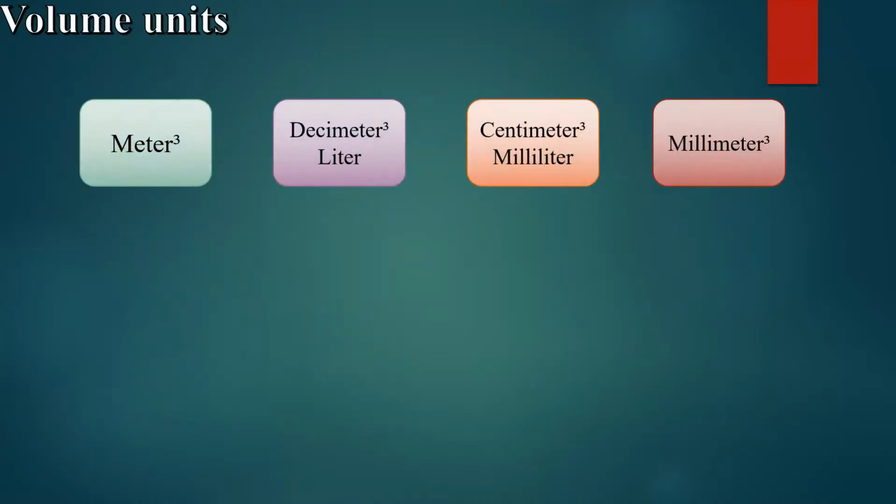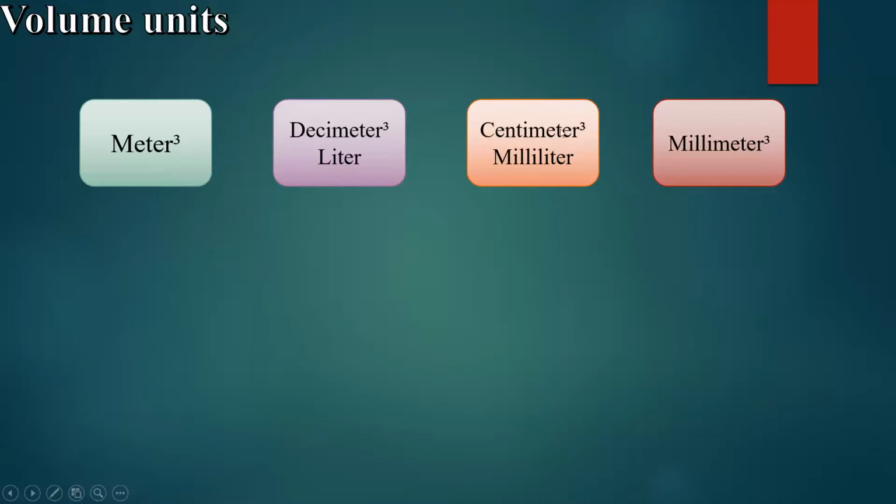Volume units, it's new for you. Okay, we know that we have cubic meter, cubic decimeter, cubic centimeter, cubic millimeter. And cubic decimeter has another name, liter. This is the unit of measuring capacity and it is equal to cubic decimeter.